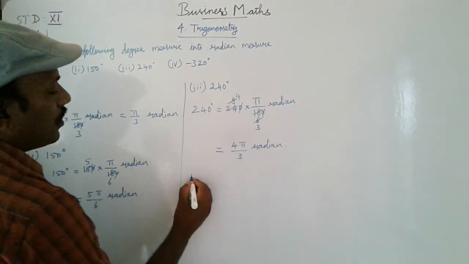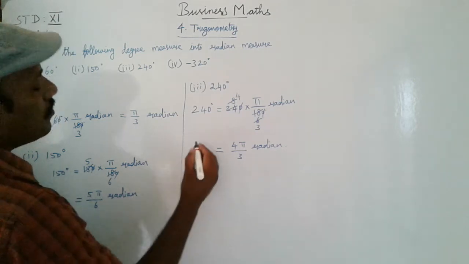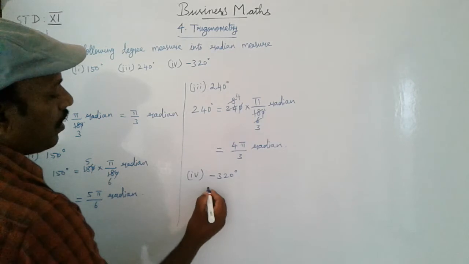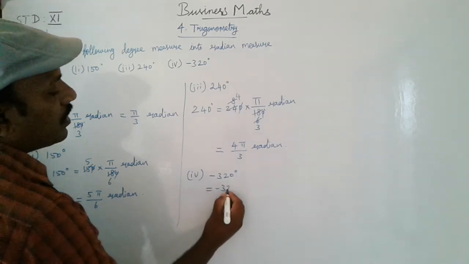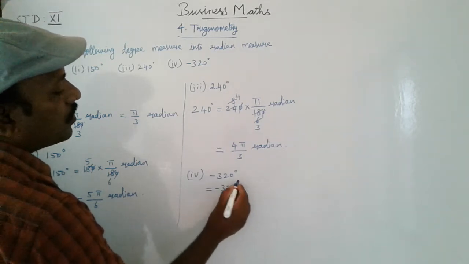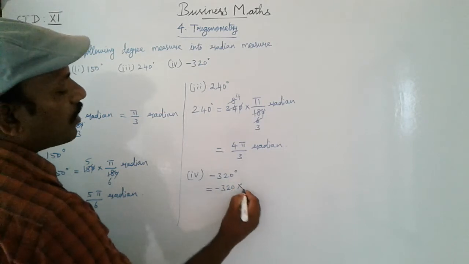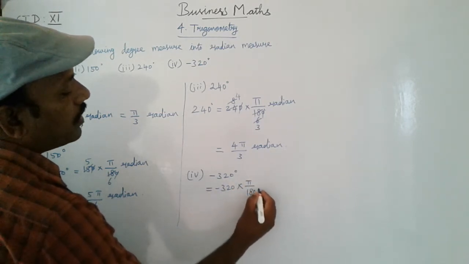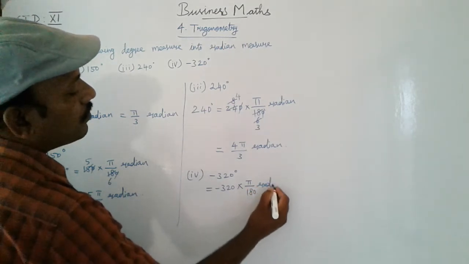Next, fourth one: minus 320 degree. We should convert it into radian, into pi divided by 180 radian.